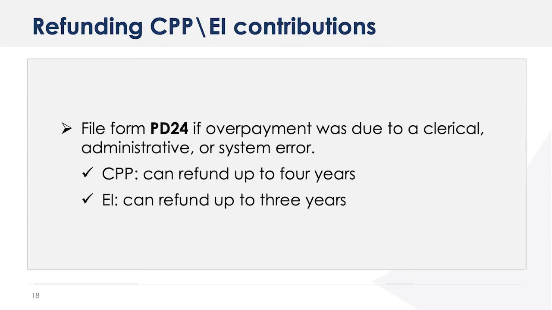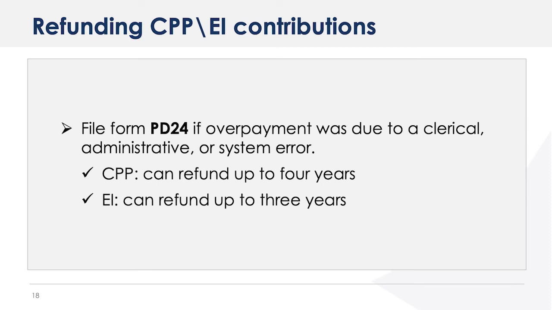Now that we have gone over salary overpayment corrections, let's go over how an employer can request a refund of the CPP and EI contributions afterwards. An employer can file Form PD-24 to request a refund of the employer's CPP and EI deductions if the employee repaid the gross salary in an event where the overpayment was due to a clerical, administrative, or system error.